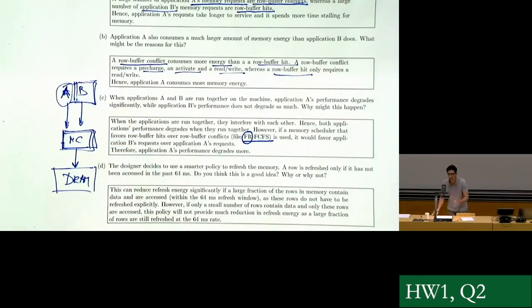Is it clear? Yep. Could it be possible that the energy consumption from accessing the memory is different if you access different locations in the memory? The memory consumption, depending on the row that you're accessing, will be different if the row is open or the row is closed. There shouldn't be any significant difference depending on the position of the row.